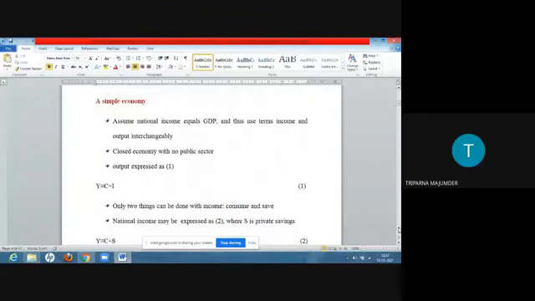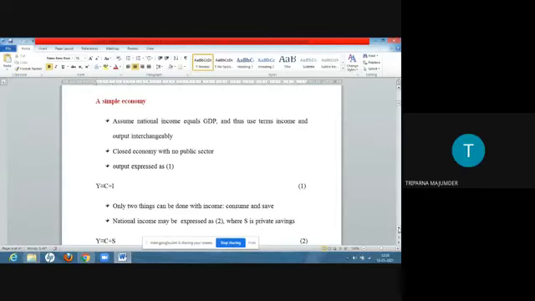Assume national income equals GDP. The differences we had said that GDP minus depreciation minus indirect business taxes is national income. We know this, but for this analysis, we assume national income equals GDP, and thus you use the terms income and output interchangeably.